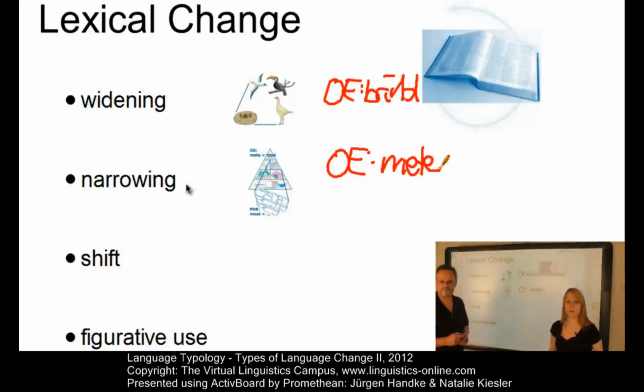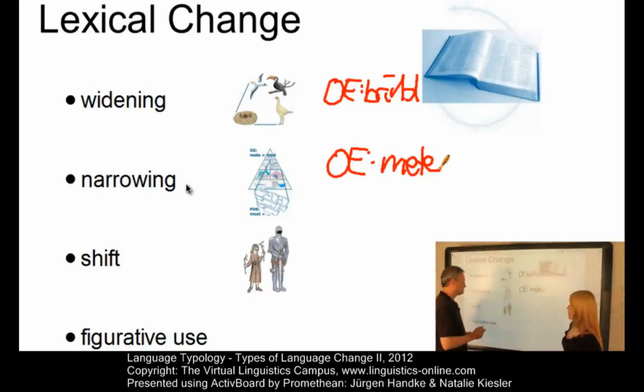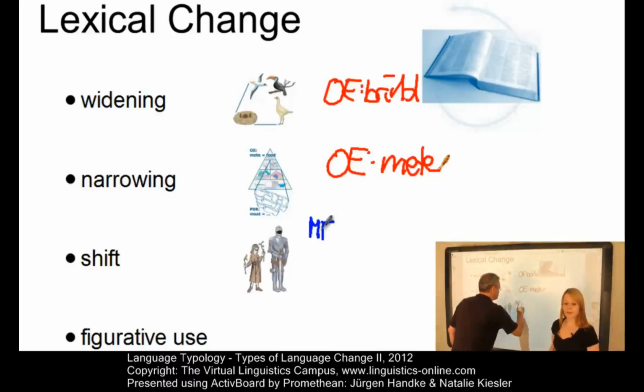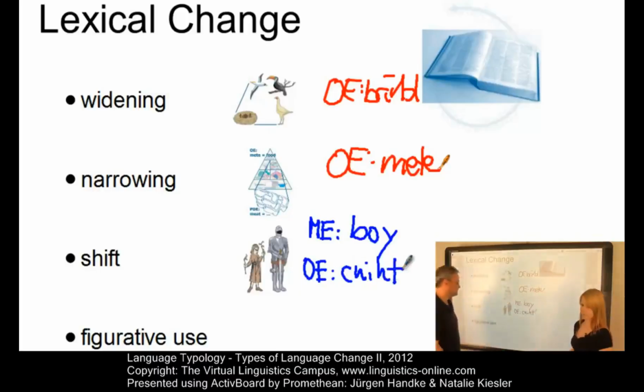It means that one lexeme completely loses its original meaning and acquires a new meaning. An example is the Middle English word boy, and when it was adapted into Middle English, the Old English form knecht shifted its earlier meaning of boy or male youth to the more narrow meaning of youthful gentleman soldier.